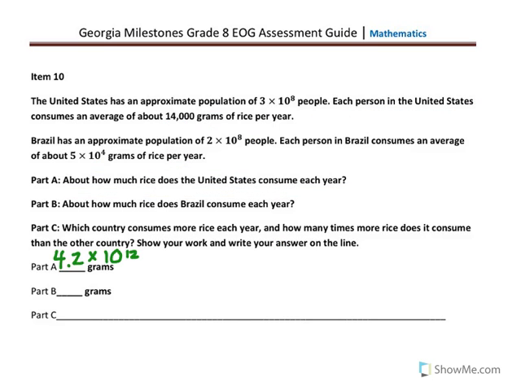Okay, for part B, it says Brazil has an approximate population of 2 times 10 to the 8th people. Each person in Brazil consumes an average of about 5 times 10 to the 4th grams of rice per year. So this says per person.